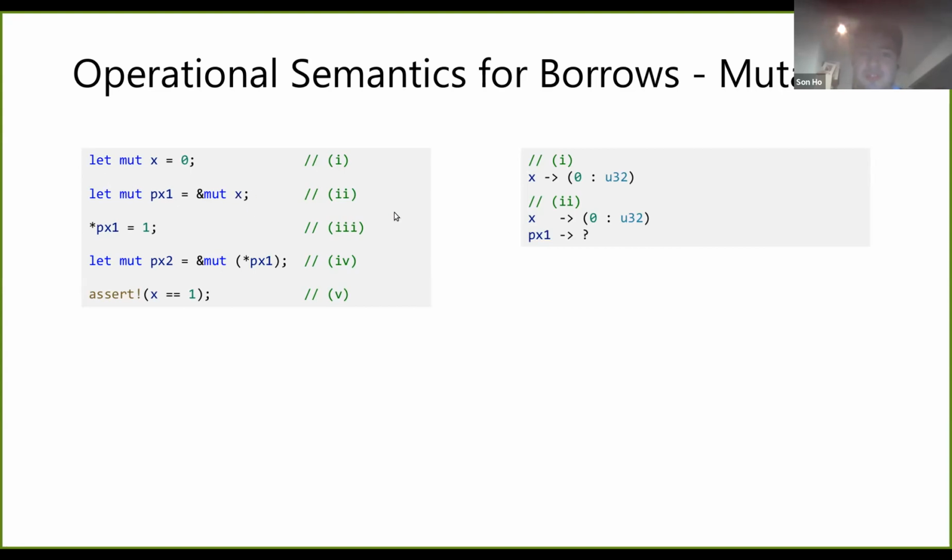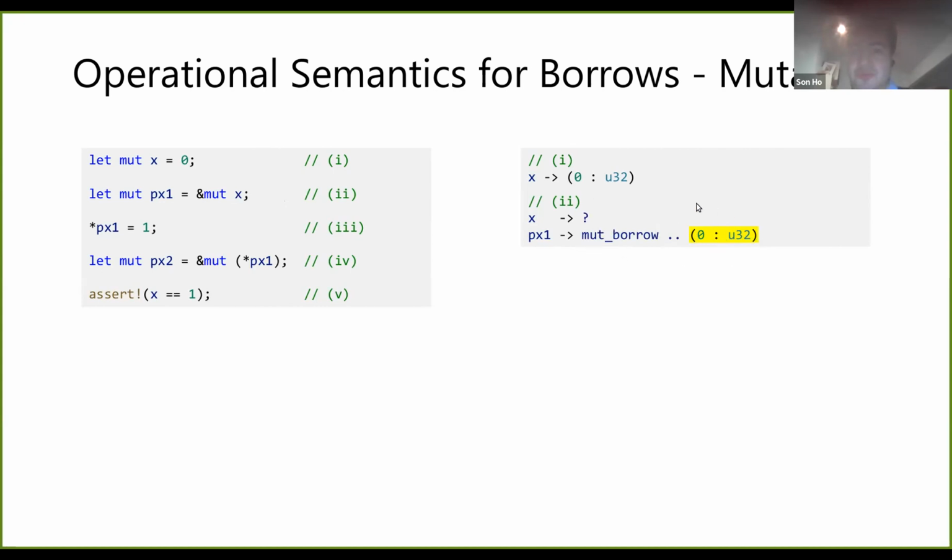So what we do is we model borrows as first-class values. So here what we say is, as px1 borrows the value in x, we take this value and we insert it somewhere inside of px1, inside some wrapper which says that this value was mutably borrowed.